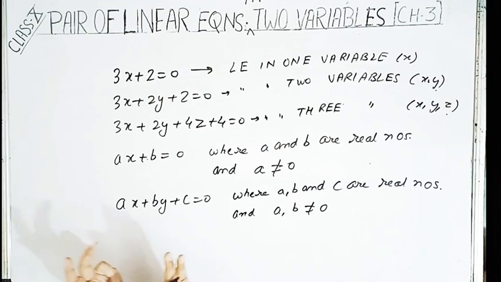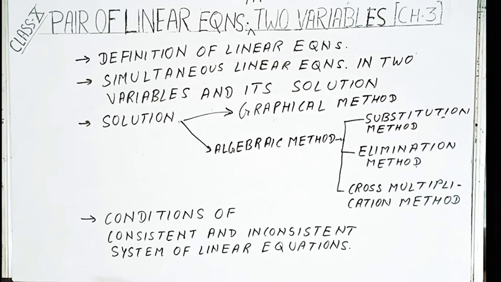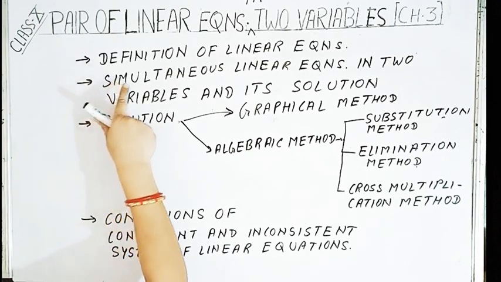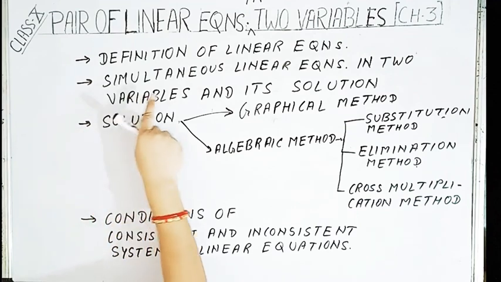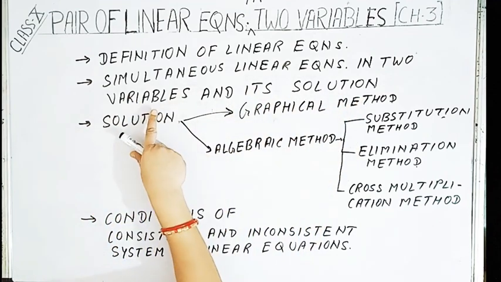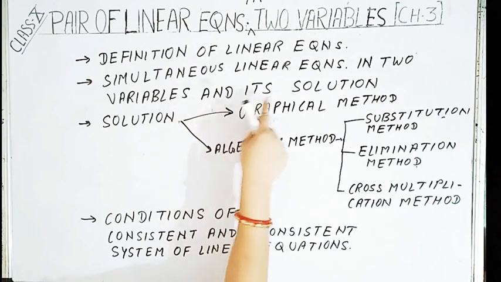So after knowing the concept of the linear equation, let us come to know the chapter. Now children, the whole chapter is divided into 4 sections. The first section is definition of linear equation. The second one is definition of simultaneous linear equation in two variables and its solution.